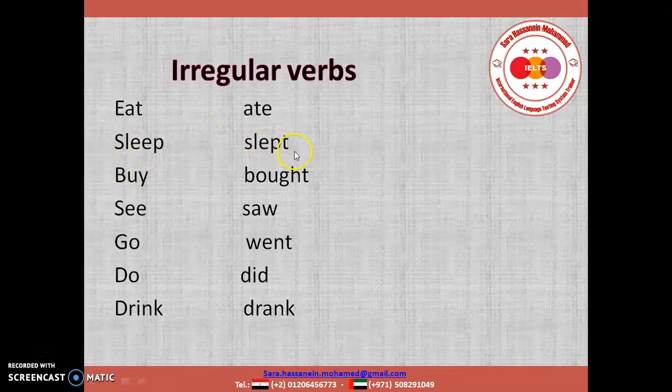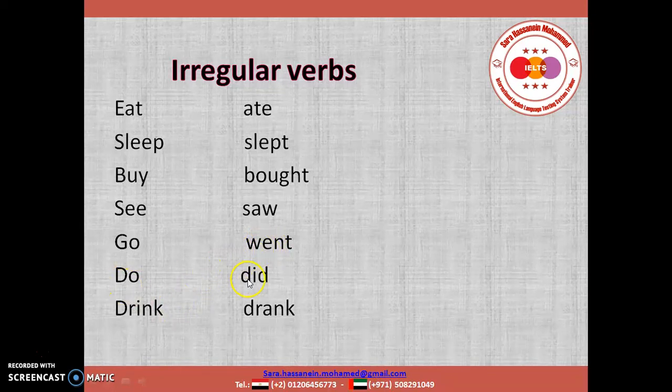Sleep, slept. Buy, bought. See, saw. Go, went. Go is the basic form of the verb. So I can tell you, every day I go to the club. But in the past, last weekend, I went to the club.